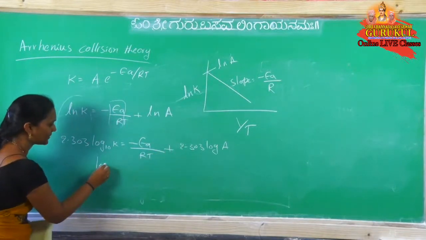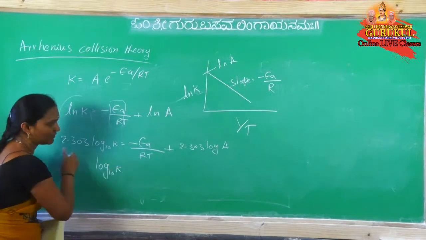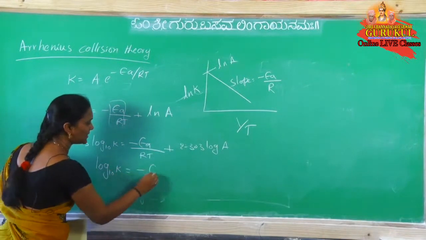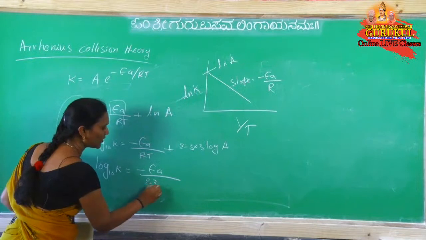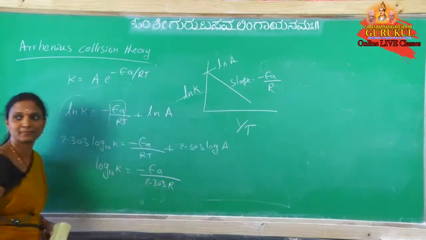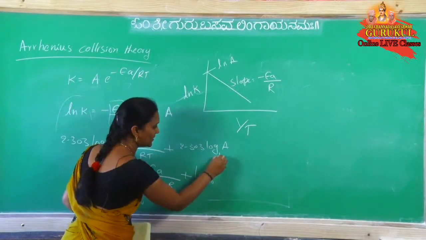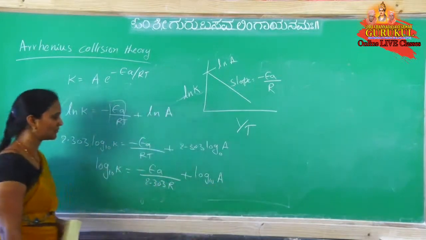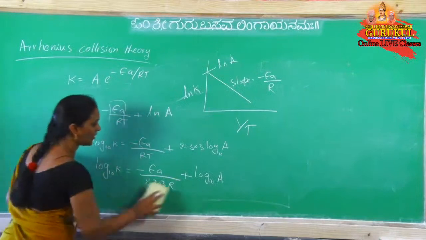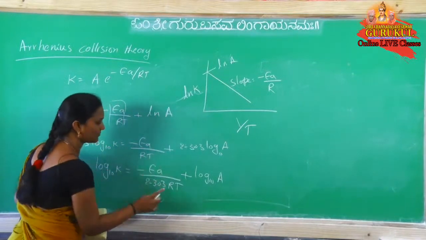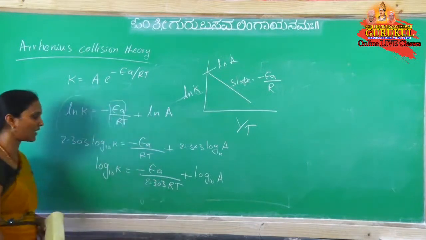Then what will we get? Log base 10 K is equal to minus Ea by 2.303 RT plus log base 10 A.